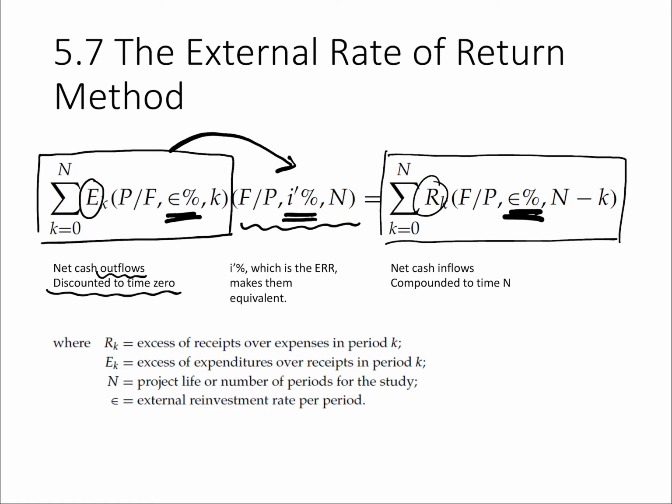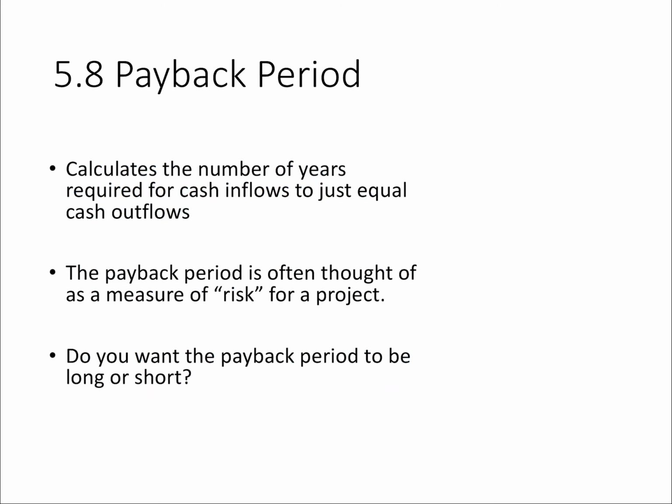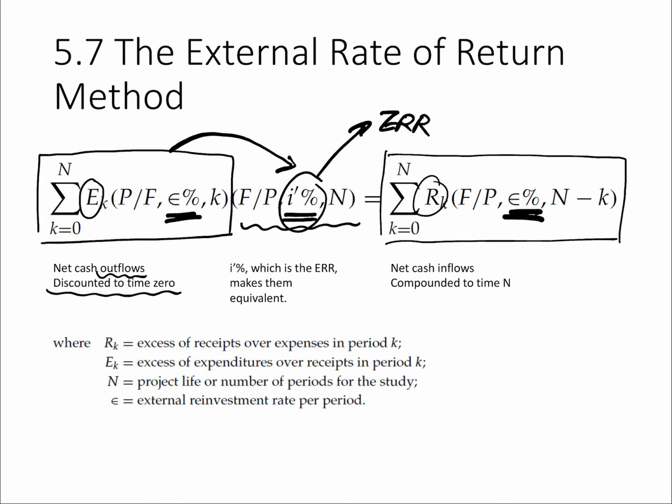First we convert the expenditures back to the present time, and then we use the I prime to convert it to the future time, and then we equate it with the future revenues. So if you solve this equation, you can find this I prime percent, and that is the ERR.